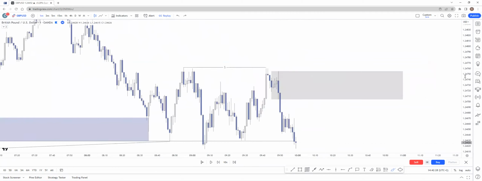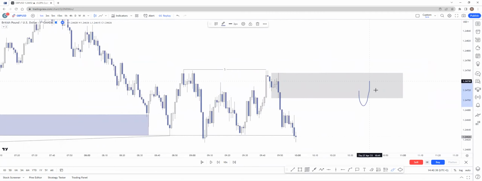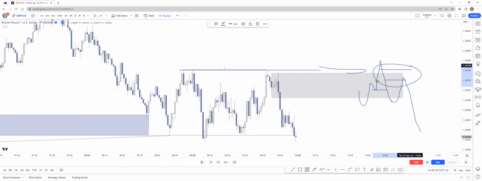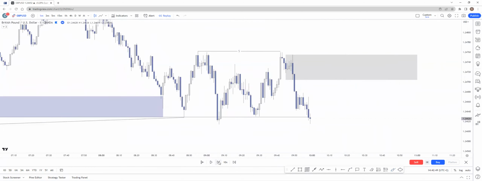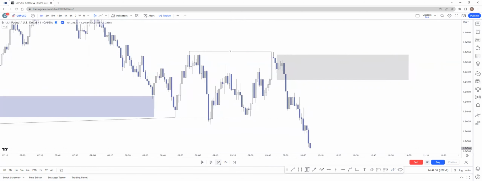So I'm really expecting currently a sweep of this liquidity. If the sweep of this liquidity happens and price leaves behind a 1-minute zone, then I will definitely enter on it. But I really would like to see the 5-minute and 15-minute candle closure inside of this zone. But we will see. This is another plan that we can be waiting for.